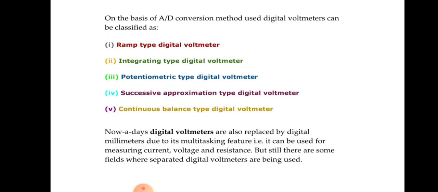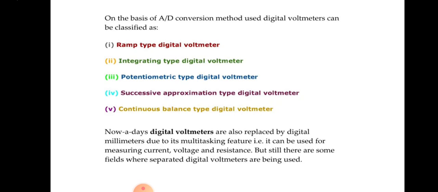Nowadays, digital voltmeters are also replaced by digital multimeters due to their multitasking feature, that is, they can be used for measuring current, voltage, and resistance, but still there are some fields where separate digital voltmeters are being used.